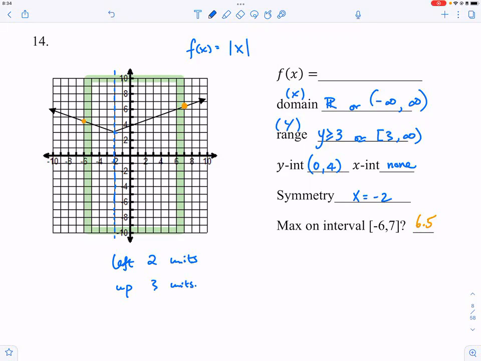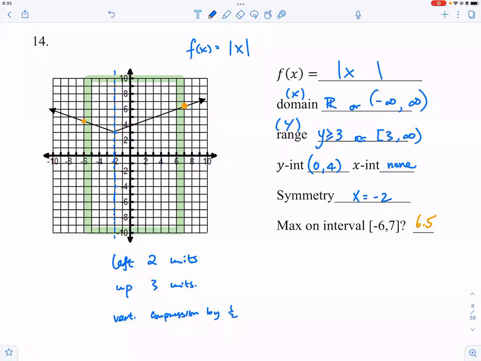And then if you look at the slope on either side, it's either positive 1/2 or negative 1/2. So we can think about this as a vertical compression by 1/2.